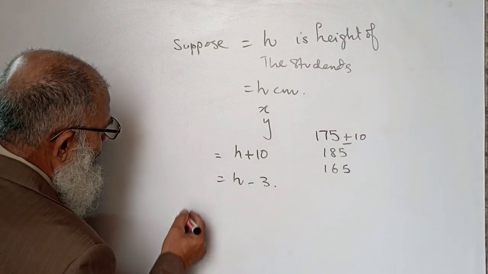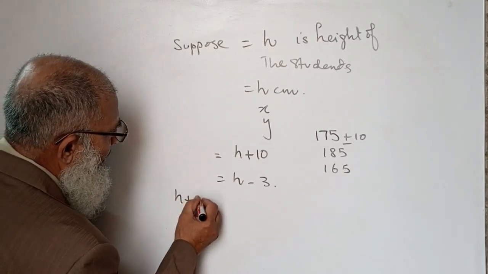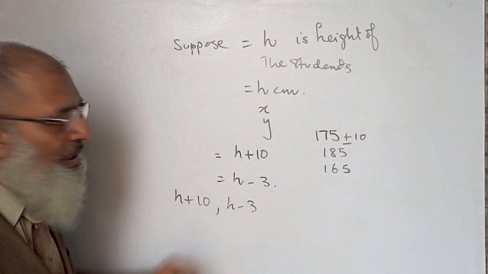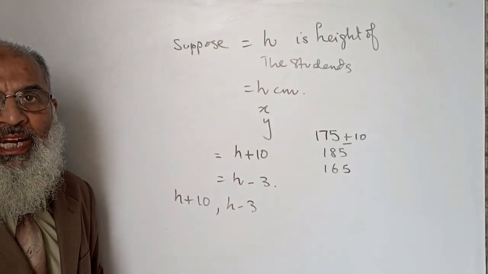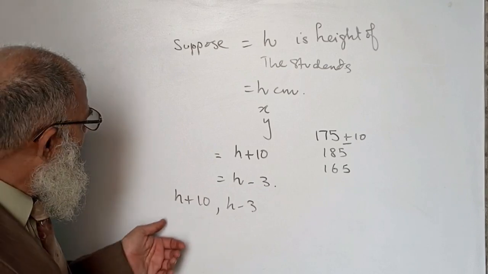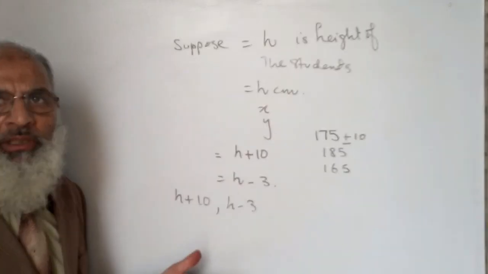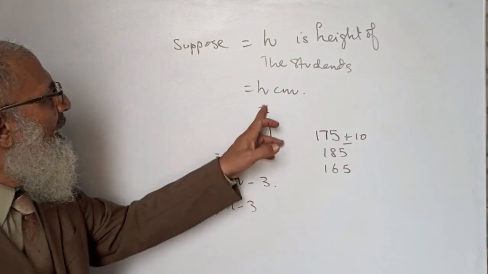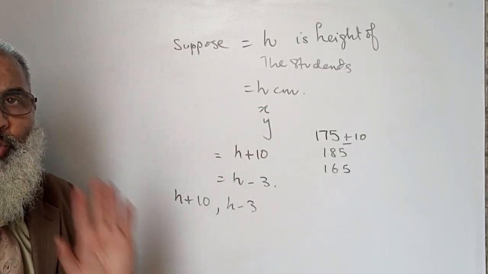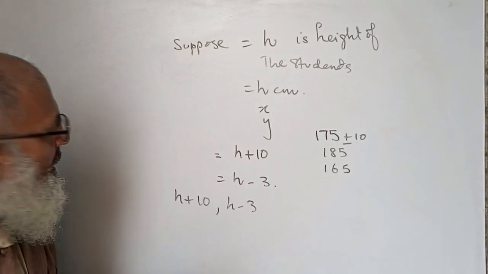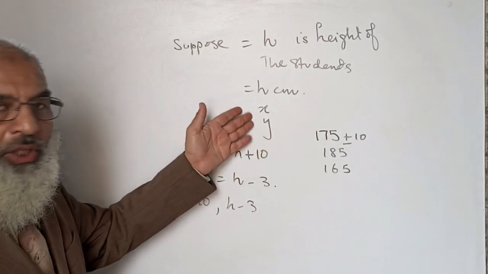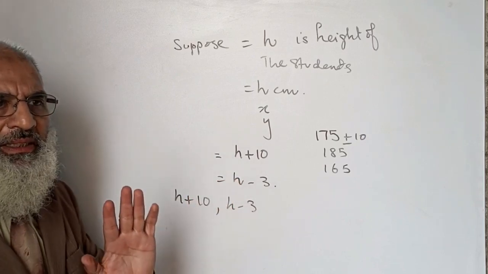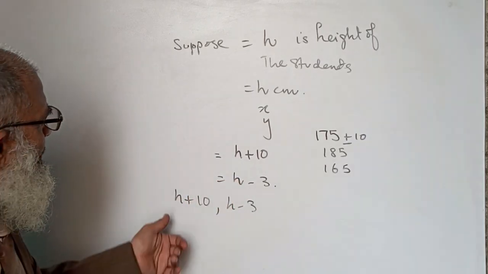Now you see that h plus 10 and h minus 3 are the algebraic expressions, given in h because it is height. As I told you, we can use x, y, z, whatever variable you want to select, you can use any variable, but h corresponds in some way with height.